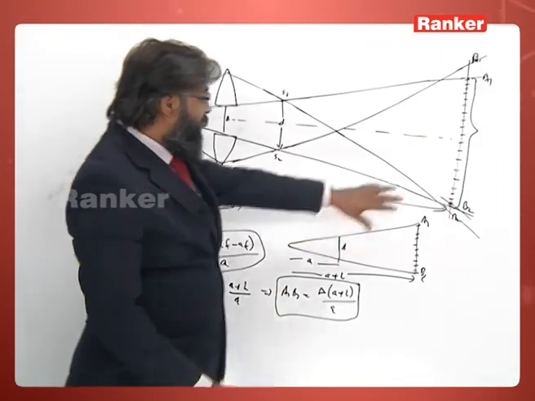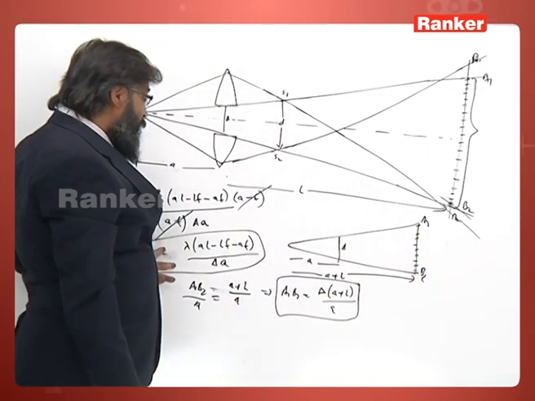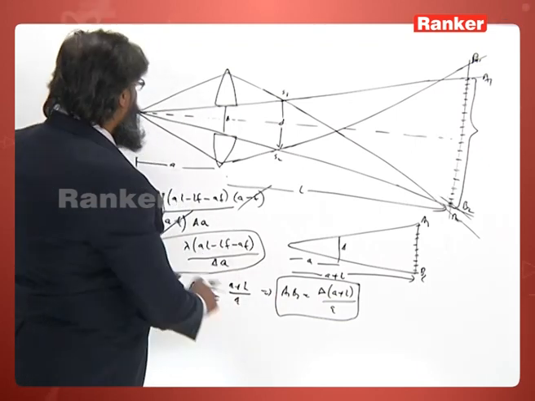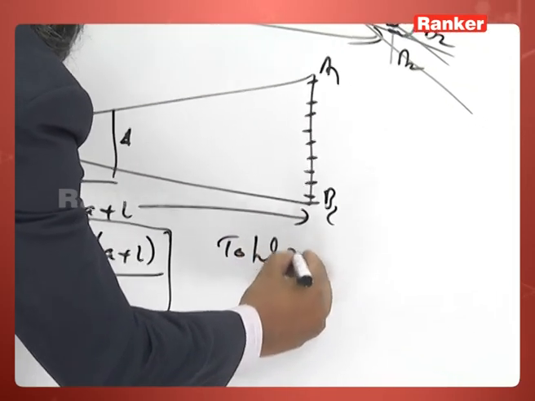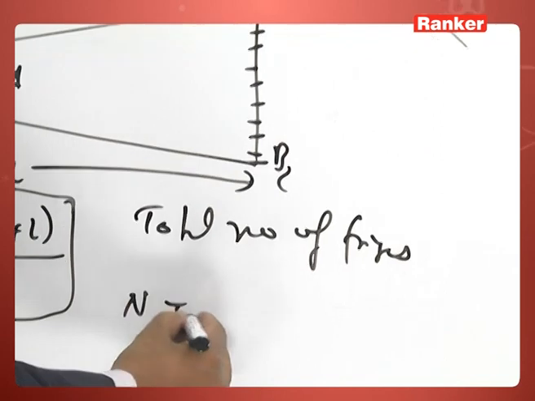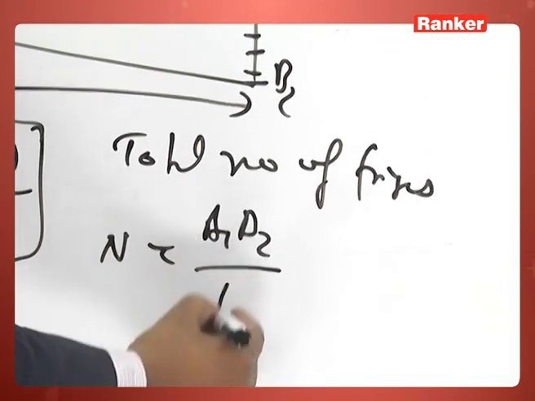Now we know the region where the interference pattern is formed, and I know beta. So the total number of fringes will be this upon this. The total number of fringes N is equal to A1B2 by beta.